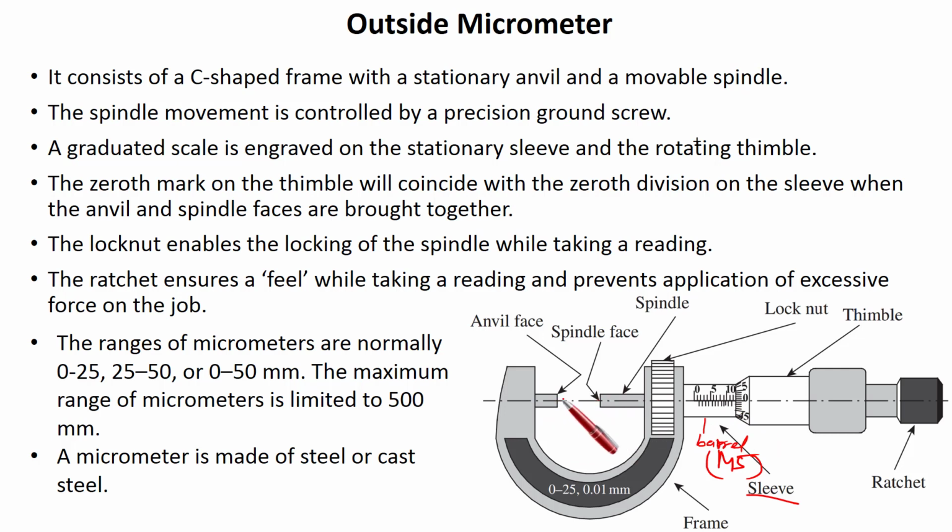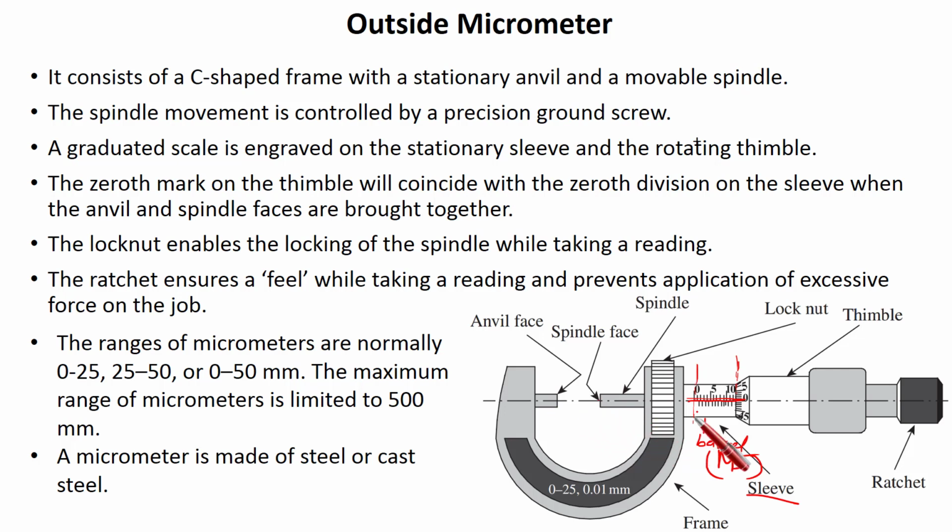So when these two are touching each other, what will happen? That this face, okay, this will come here, coinciding with the zero, and this zero will be coinciding with this line. Clear or not? So this is how we start measuring.